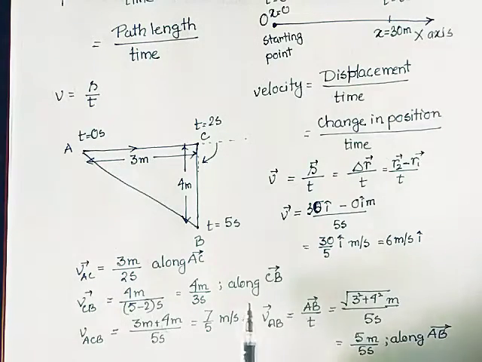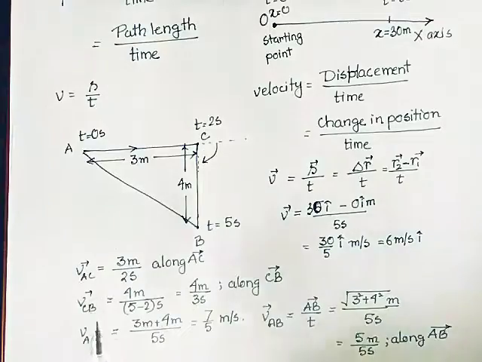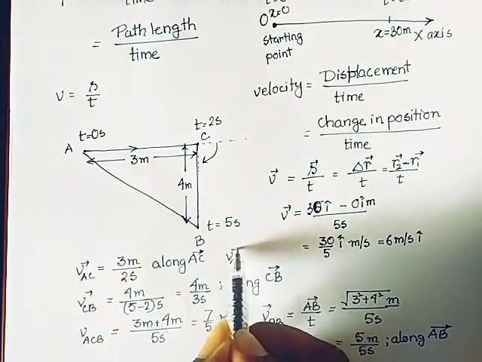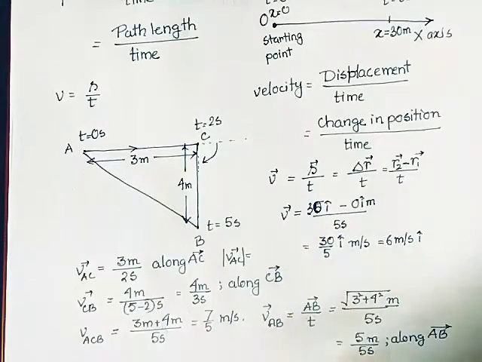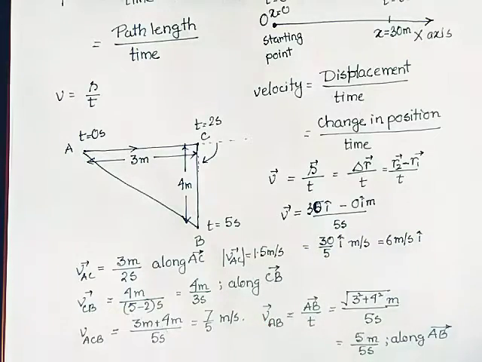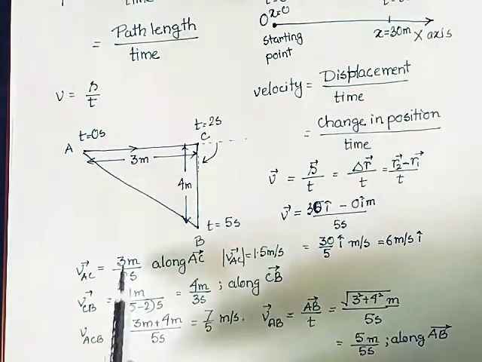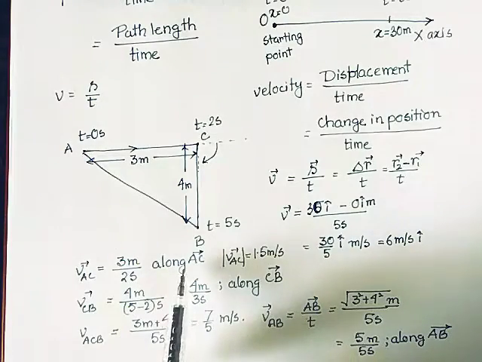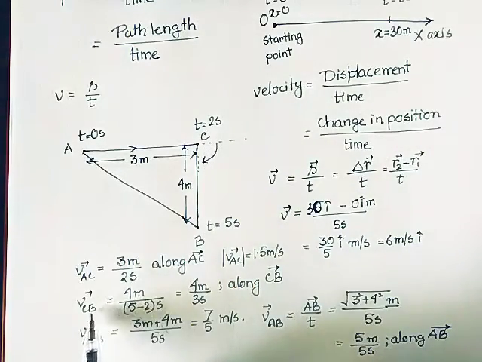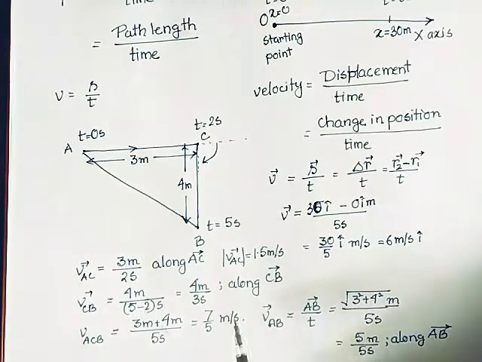So I think you understood that if I go section wise from A to C, then C to B, then we can calculate the velocity. At that time VAC, that will be the speed, that is the magnitude of VAC. If I calculate, that is 3 by 2 meter per second, that is 1.5 meter per second. It is also the speed, and 3 by 2 meter per second along AC basically denotes the velocity. If I consider the CB section separately, then the velocity is 4 meter divided by 5 minus 2 second along CB.